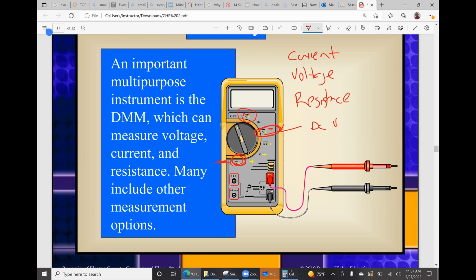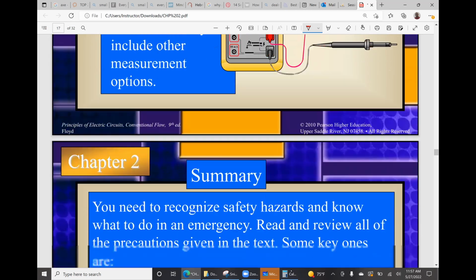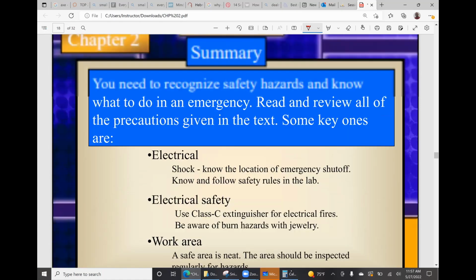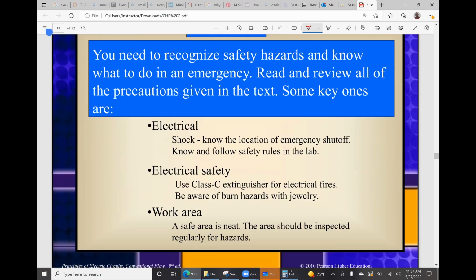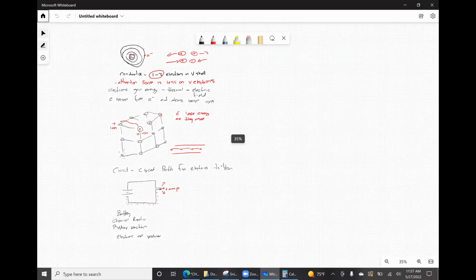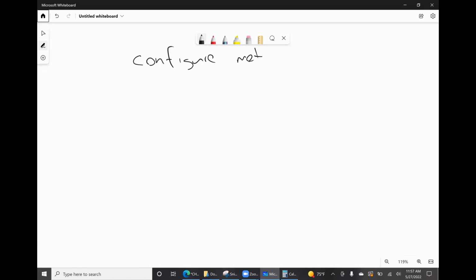So how do we use this meter? We need to configure it. Okay. How do you configure the meter? We'll talk about this more in the lab, but let me just show you this. To configure the meter, so this will be repeated in the lab.